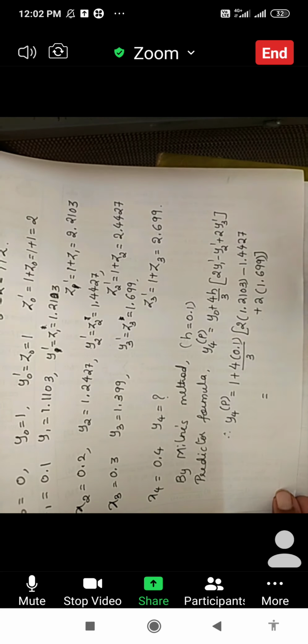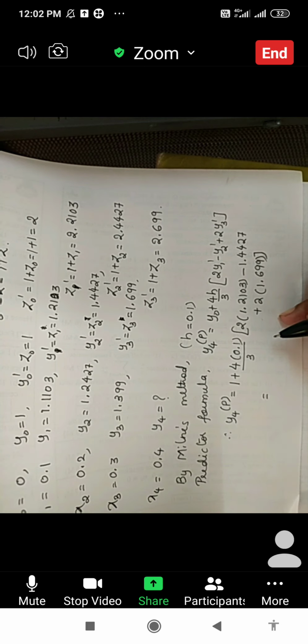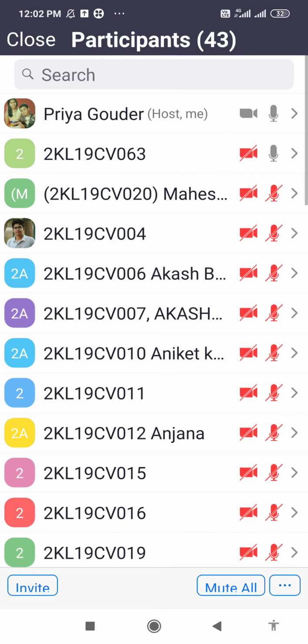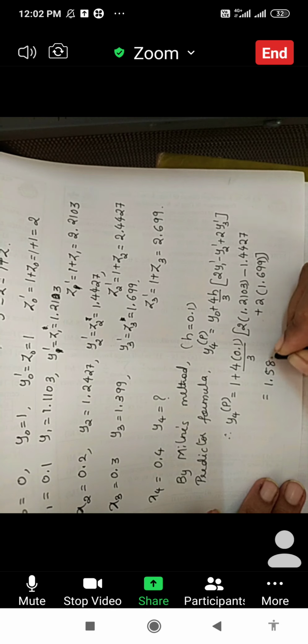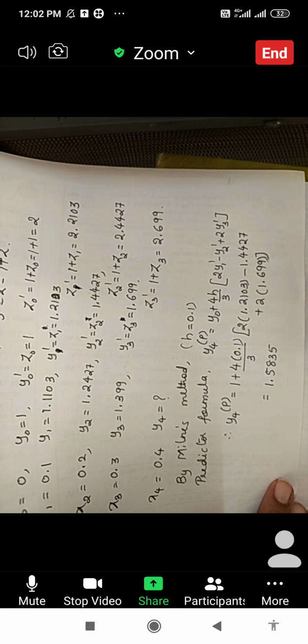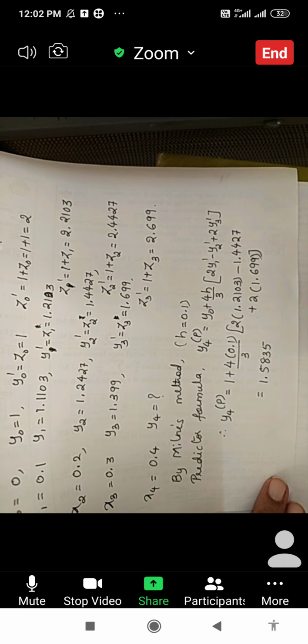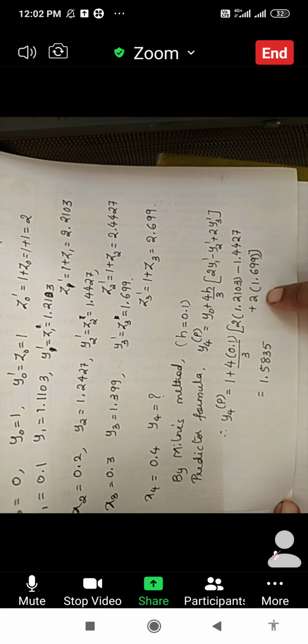All of you operate the calculator and tell me the value. 1.5835. Others? I'll give you just 1 minute. Do try, put these values and confirm.